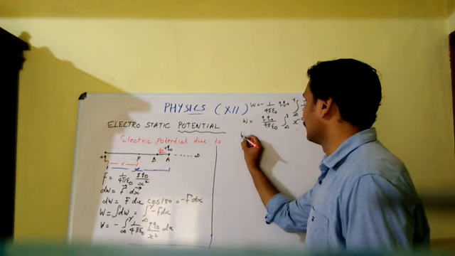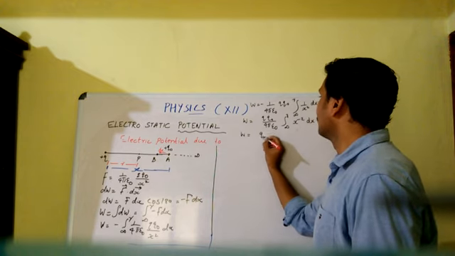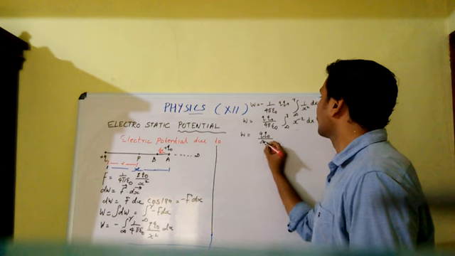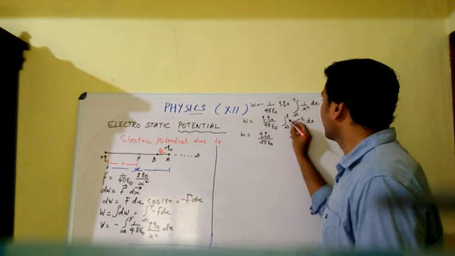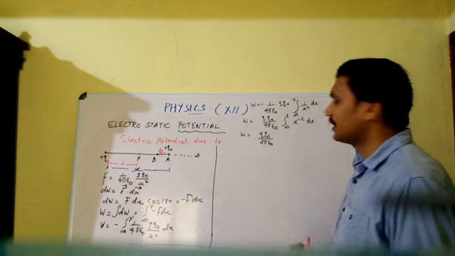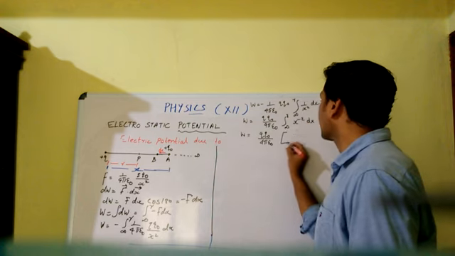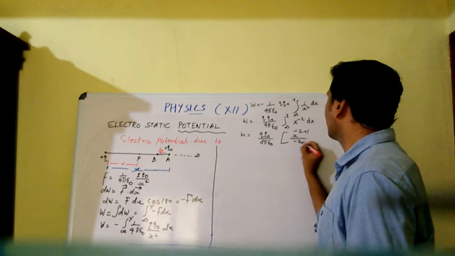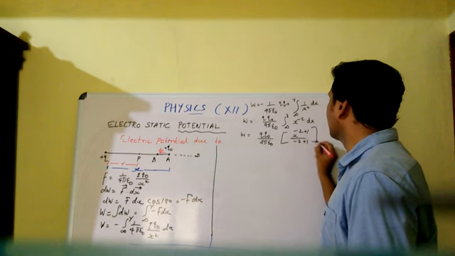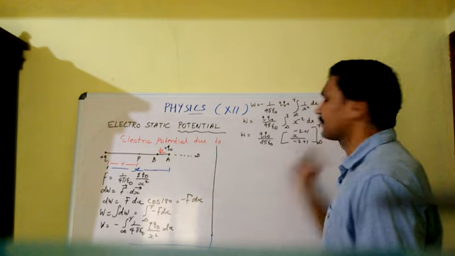The integral of x raised to minus 2 is x raised to minus 2 plus 1 by minus 2 plus 1, with limits from infinity to r.